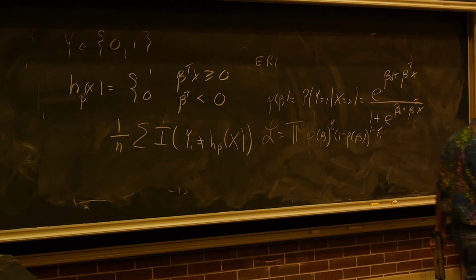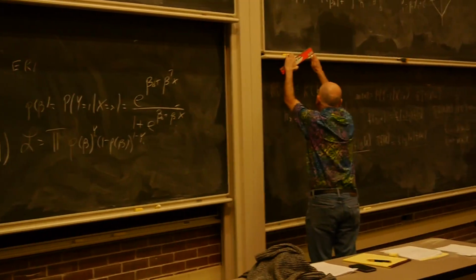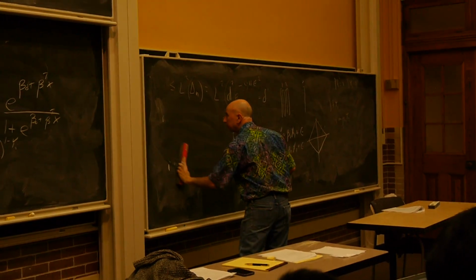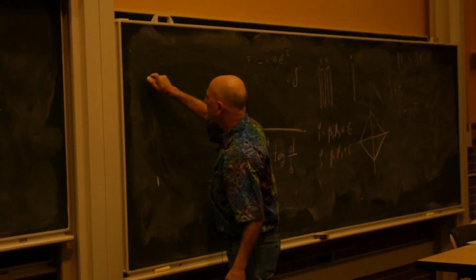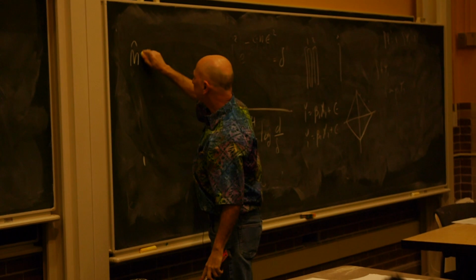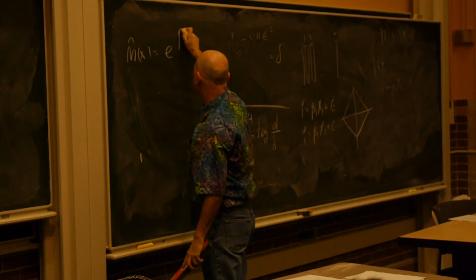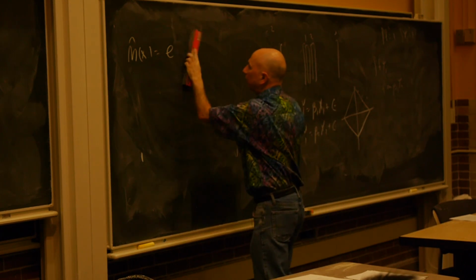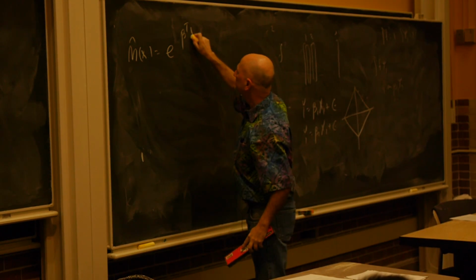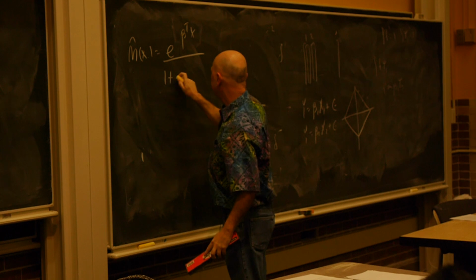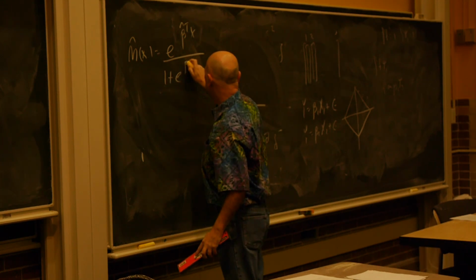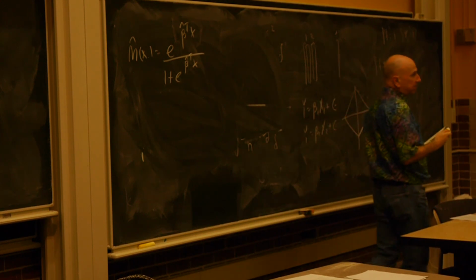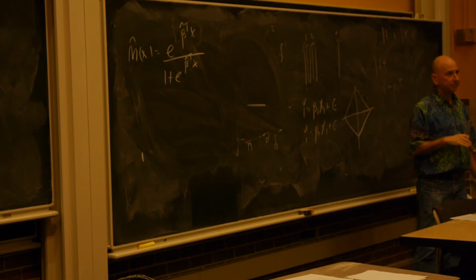Once you have beta hat, once you have the maximum likelihood estimator, our estimate of the regression function, let me just call that beta, is right there. And now we just have to classify according to whether that's bigger than a half or less than a half.